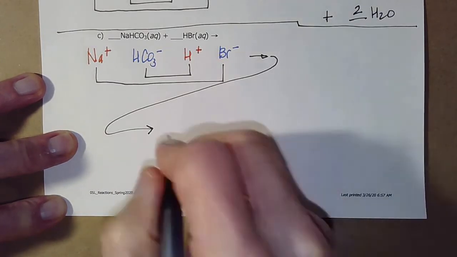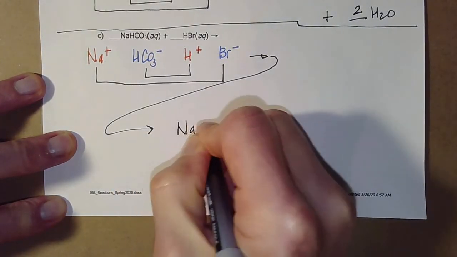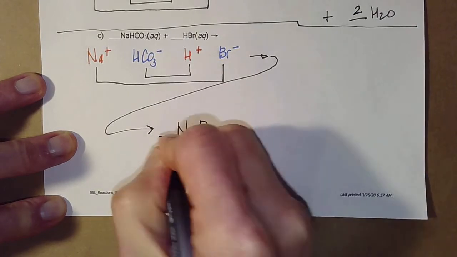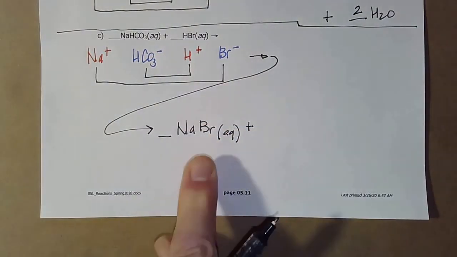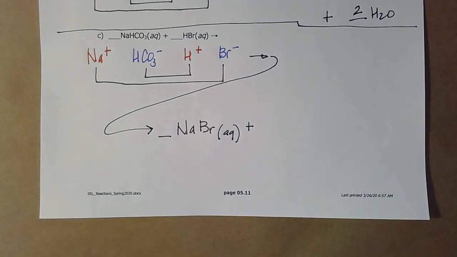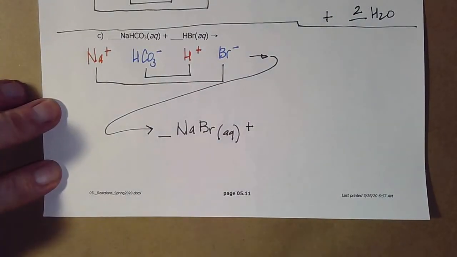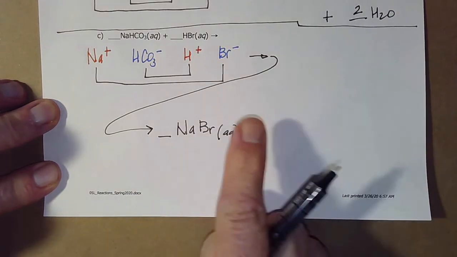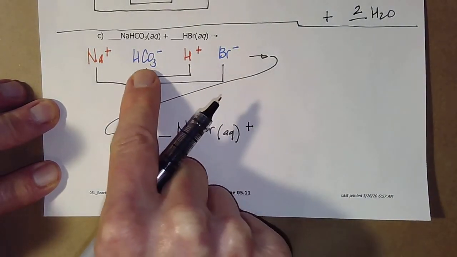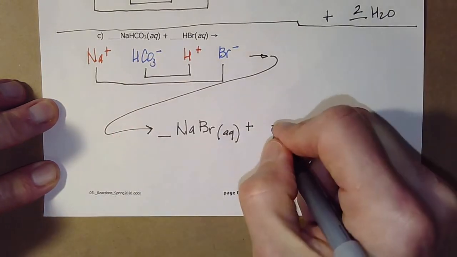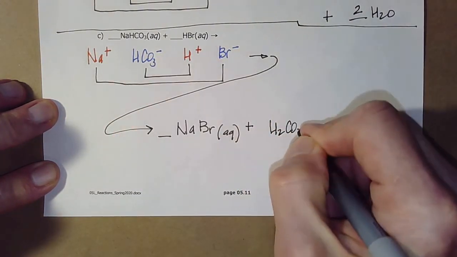So I've got NaBr. Sodium compounds are always aqueous, water soluble. Now I've got this weird-looking thing. I'm just going to say there's H plus from an acid, and there's something negative. That's what's got to stick together.